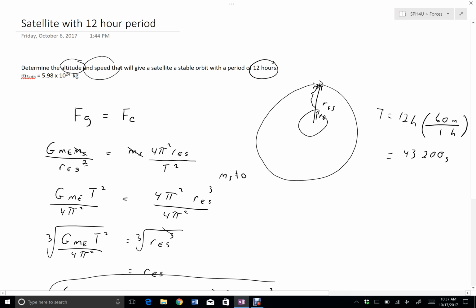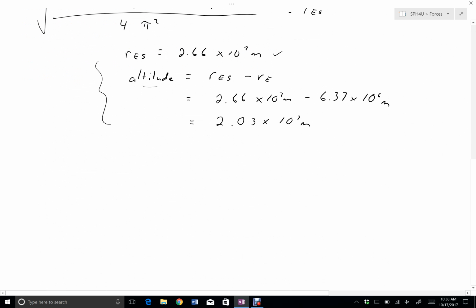How fast would you be going so that you would maintain this orbit and you would get around without falling to the Earth? Now that I have this radius, I can just start with this basic assumption that the force of gravity is causing the circular motion, and then I can, again, put in these values. And now that I know the radius, this is going to be a little bit easier to solve.